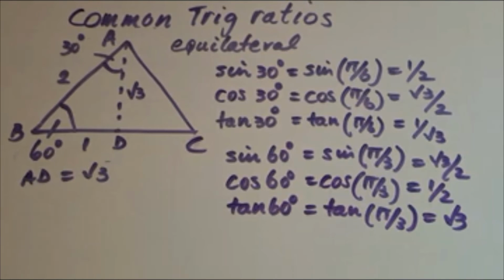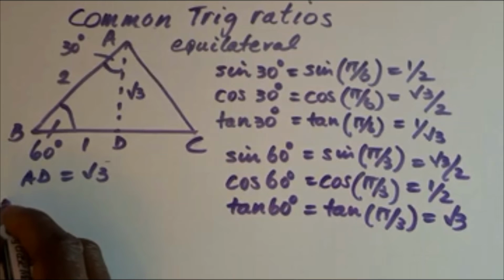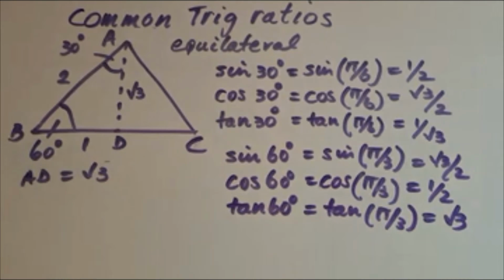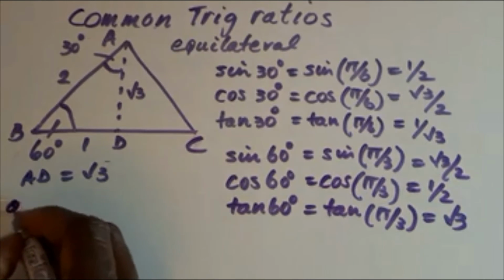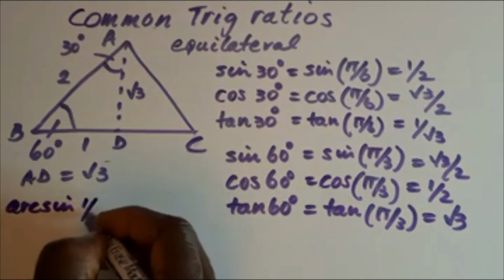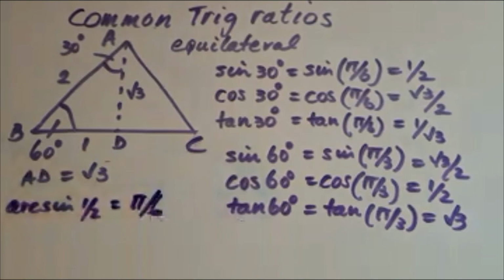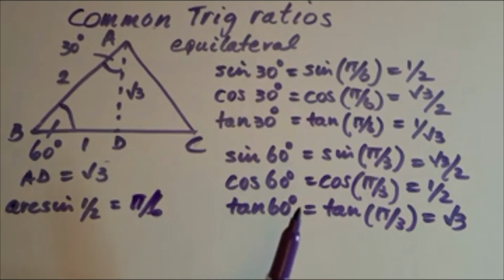We could go a step further. We can also work out arcsine, which would just be, so the arcsine of a half would be pi over 6. The arcsine of root 3 over 2 would be pi over 3, and so on.